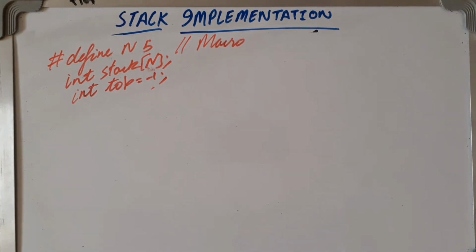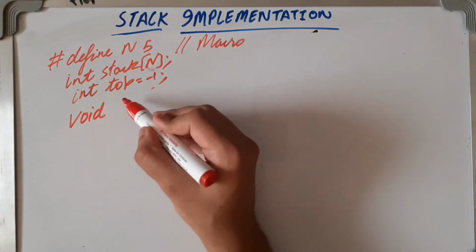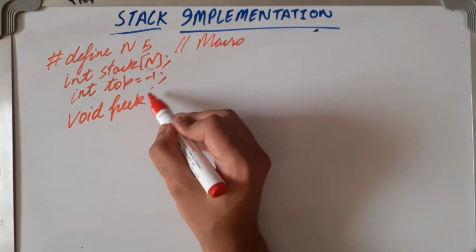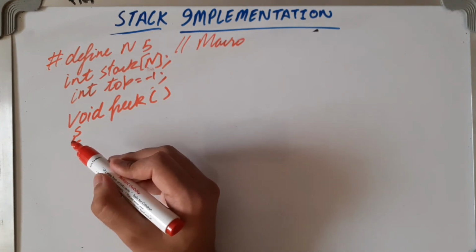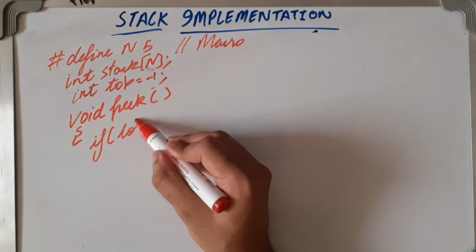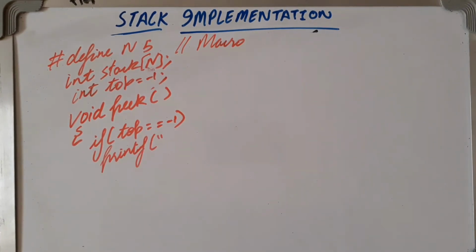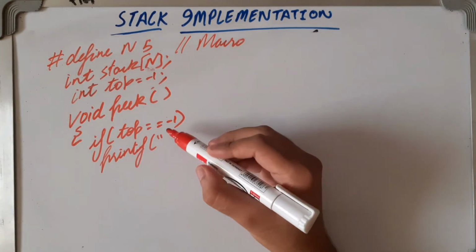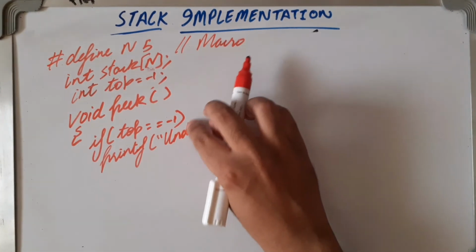Now we have void peek. Peek is displaying the topmost element. In void peek, basically we are checking the same thing: if top equals minus 1, then printf underflow, like the stack is not having any element.